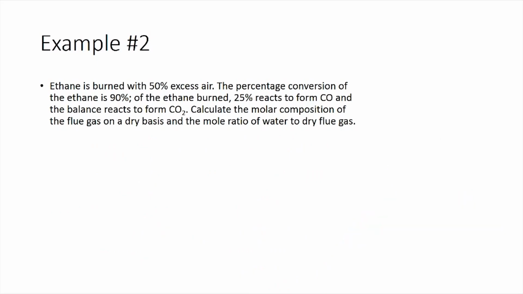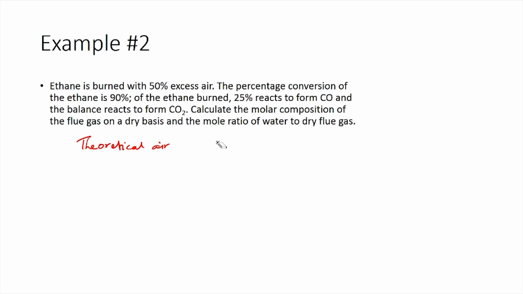First thing we need to do is identify how much air is being fed. We have been told that 50% excess air is fed. So, based on that we can calculate how much additional air has been fed. Using the stoichiometry we can calculate the theoretical amount of air which is required. For 100 moles of ethane, we will have to assume complete combustion.